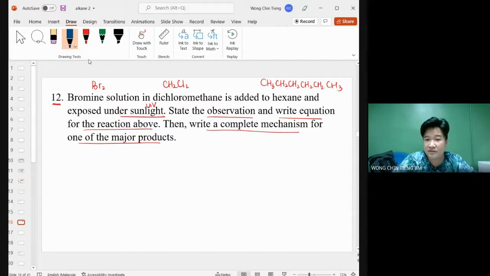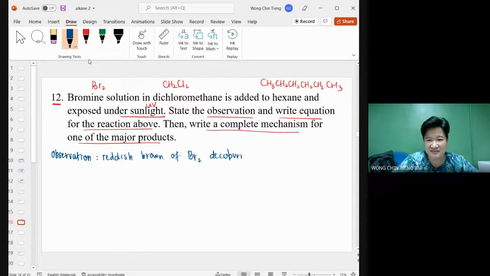I have state the observation. Observation dulu. What would be the observation right now? Again. Baru bincang tadi. Anyone? Complete sentence? Line teruk kot. Reddish brown of bromine, Br2, decolorize.